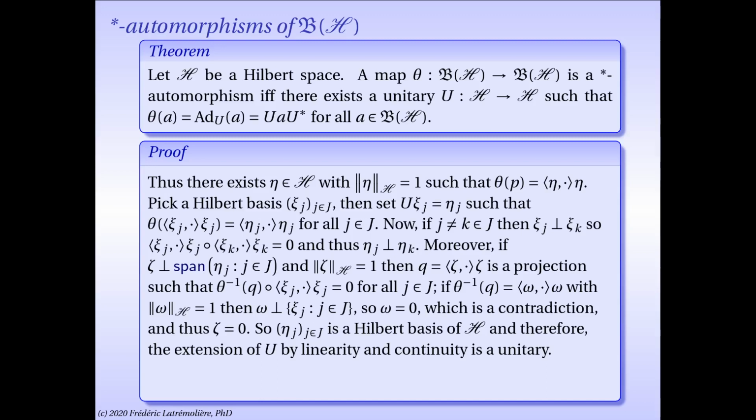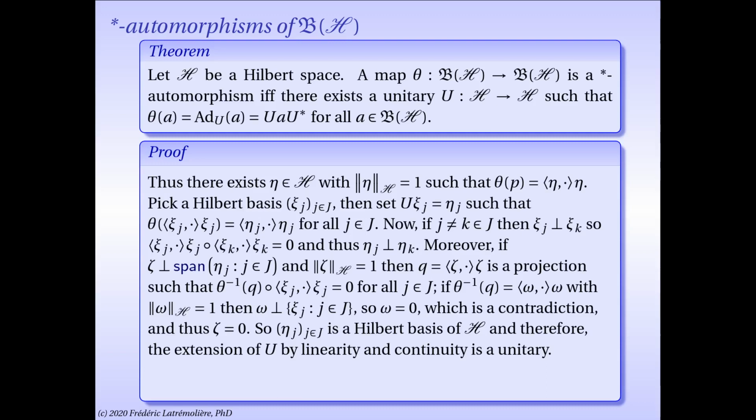Now, on the other hand, theta inverse of q is a rank 1 projection, because the image by a star automorphism of a rank 1 projection is a rank 1 projection. So that means that there exists a vector omega in my space of norm 1 such that theta inverse of q equals the inner product of the input with omega times omega. But what's important about this is simply the observation that this vector omega must be orthogonal to any vector xi j, since theta inverse of q composed with the projection on the linear span of xi j is always 0.